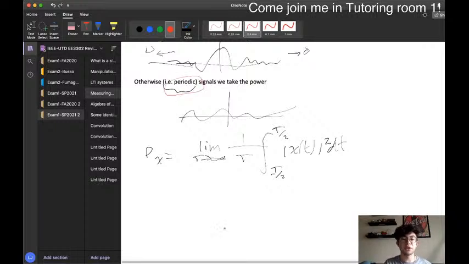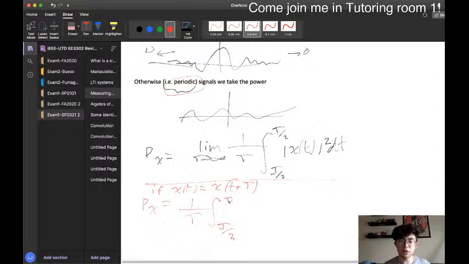If these things are periodic, then we can derive the following: P of x, where x is periodic, so let me write that out explicitly, if x of t is equal to x of t plus big T, then this is just going to be the average of the values over one period of our x.